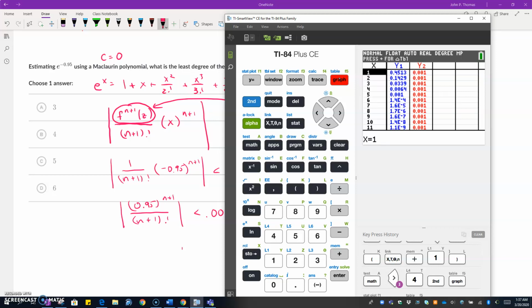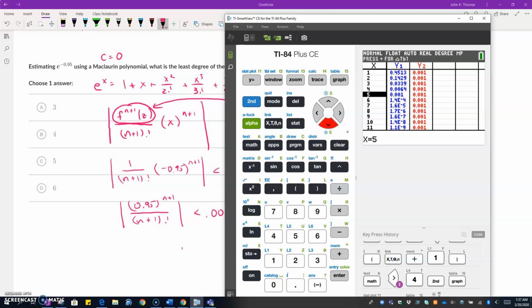If I look down the list of values, it looks like we start to get pretty close to our desired goal at 5, but at 5 that ends up being exactly 0.001. So if when n is 5 we're right at 0.001, we're actually going to have to push past that so that the error is less than 0.001.